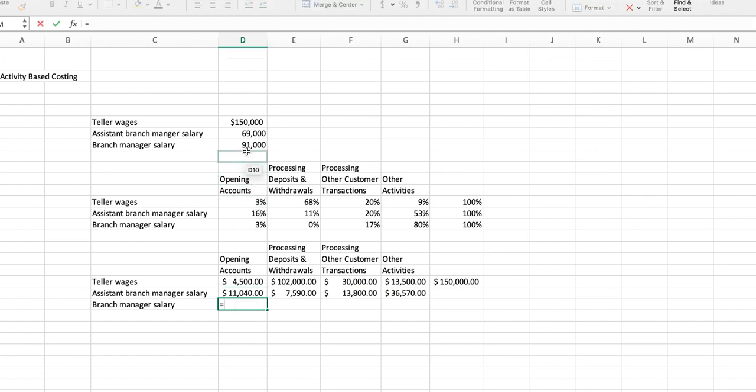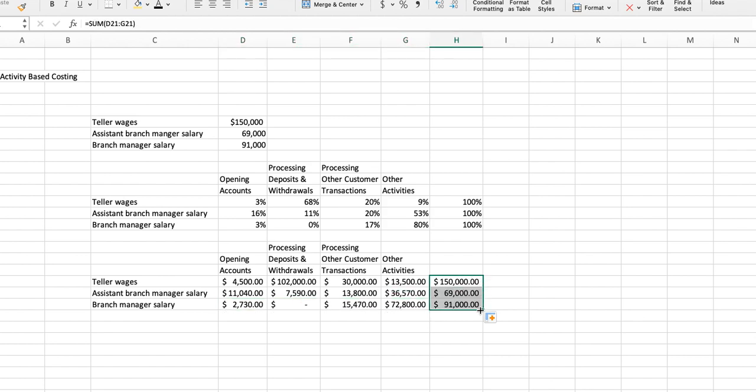I can do the same thing here. I'm allocating my branch manager's salary. Carry that across. And then go ahead and total all of these and make sure I've got my 69, my 91.